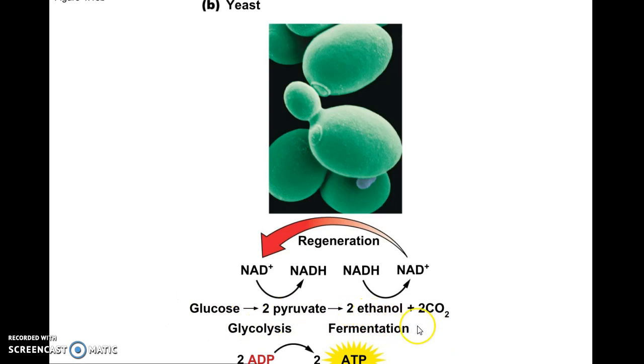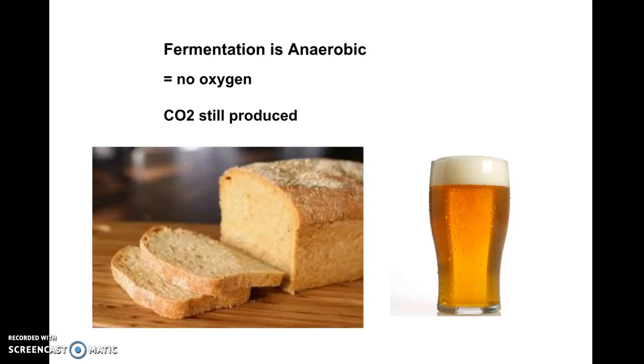Okay, and this is true fermentation, and produces all sorts of interesting things, which I'll talk about in a second, but also that 2 ATP. All right, so not a lot of ATP, but some, and they don't need any oxygen to do it. There's those budding yeast cells we looked at in the cell lab. So fermentation is anaerobic, which means no oxygen, but carbon dioxide is still produced. Right? And there are a lot of commercial products that make use of this amazing process.